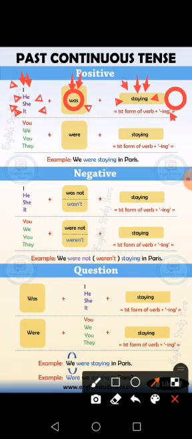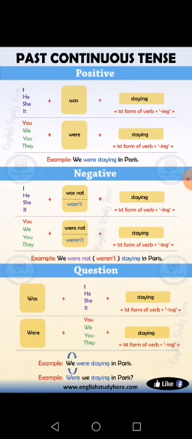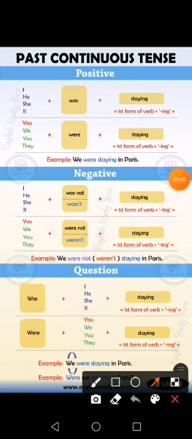for example, sleeping. Okay, so here in the affirmative form we have subject, was or were, and verb plus ing. We use was if the subject is I, he, she, it, or a singular noun. If the subject is you, we, they, or a plural noun, we use were, and we add ing.